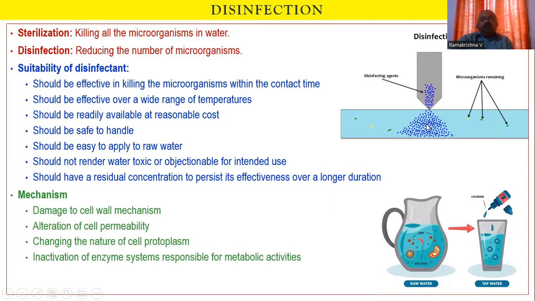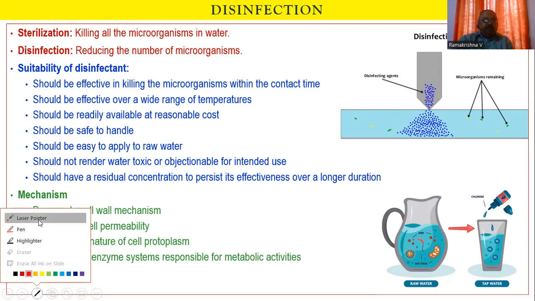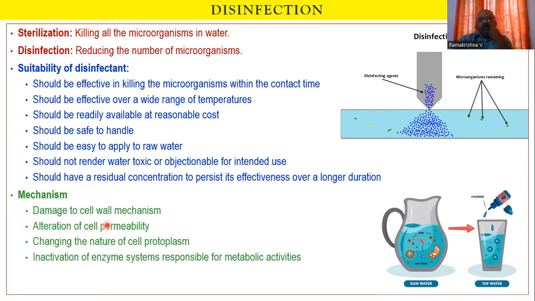A lot of microorganisms are present, and after adding disinfectant in the water, this is the number of microorganisms. Ultimately, the number of microorganisms is reduced. So this is the fundamental concept of disinfection.